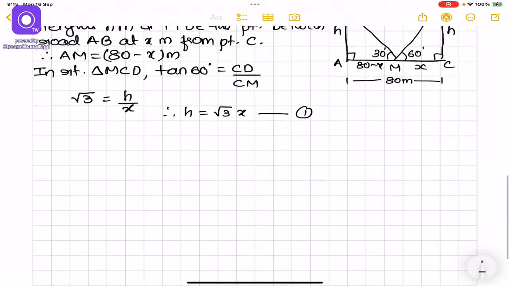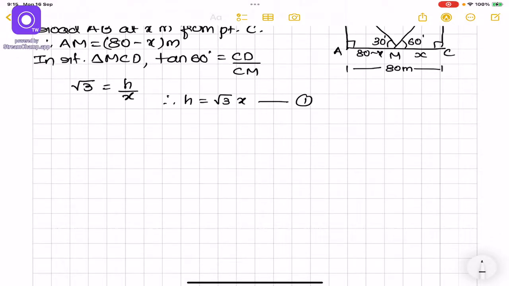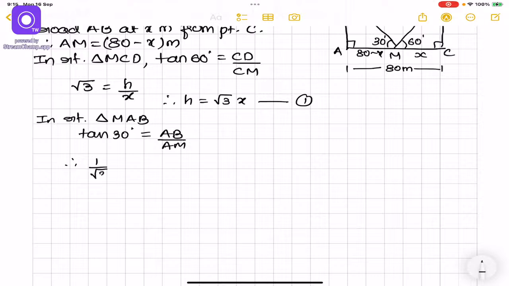And coming to the other part, in right triangle MAB, tan 30 equal to AB by AM. So therefore 1 by root 3 equal to h upon 80 minus x. So I can say (80 minus x) upon root 3 will be equal to h.